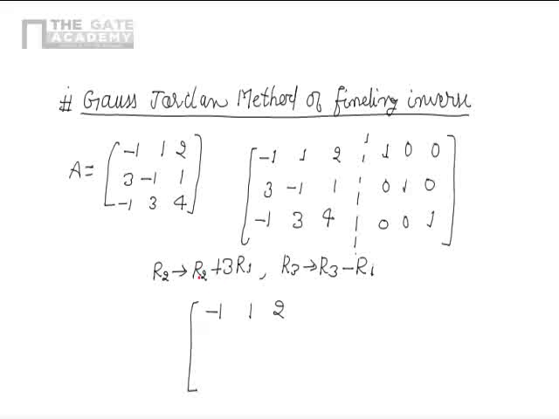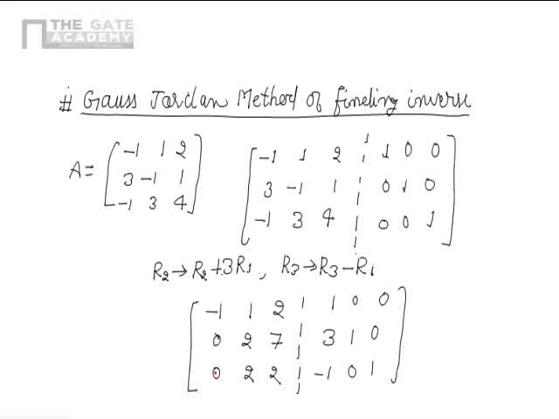In the second row, I am making R2 plus 3R1, so I am multiplying the first row by 3 and adding to the second row, so I'll get 0, 2, 7. Similarly, I am subtracting row 1 from row 3, so I get 0, 2, 2. And on the right hand side, if I apply the same operations, I will get 3, 1, 0, -1, 0 and 1.